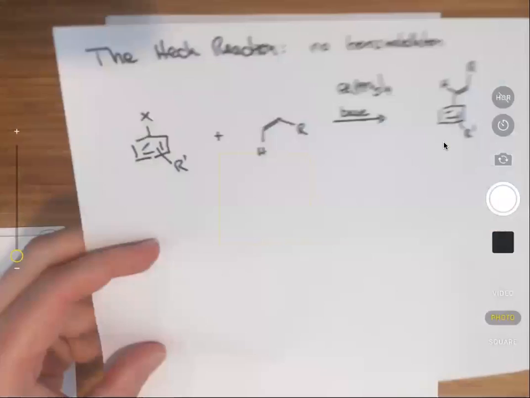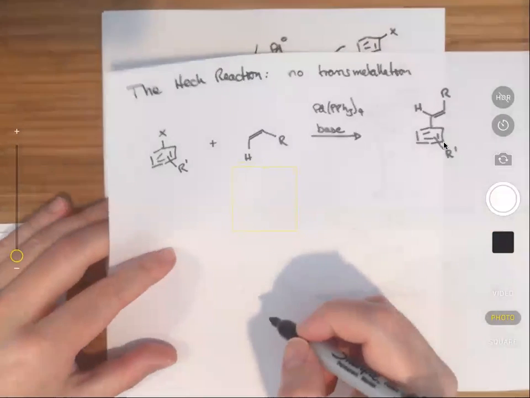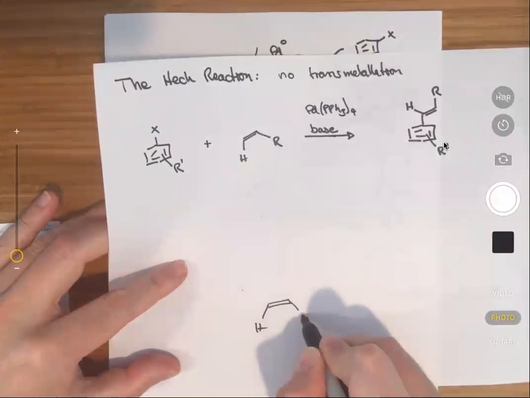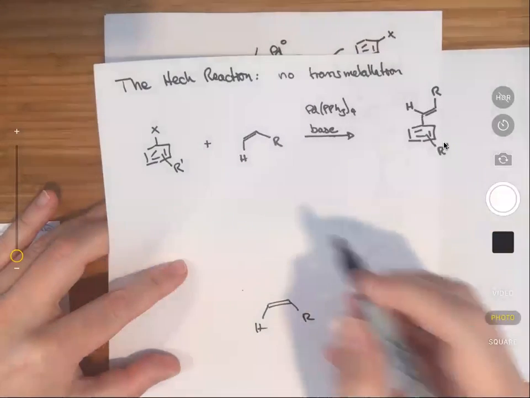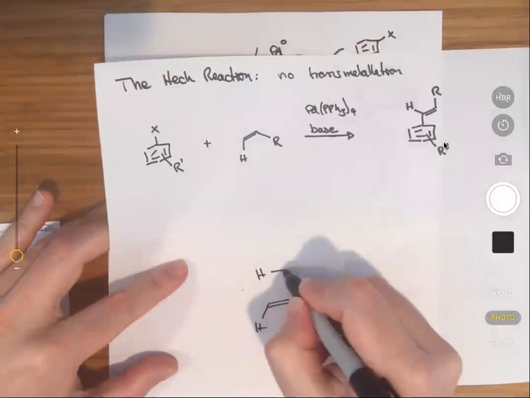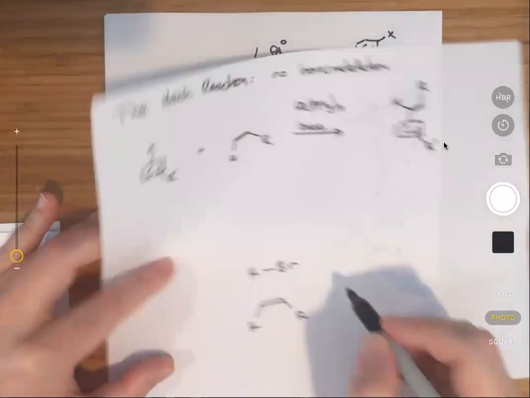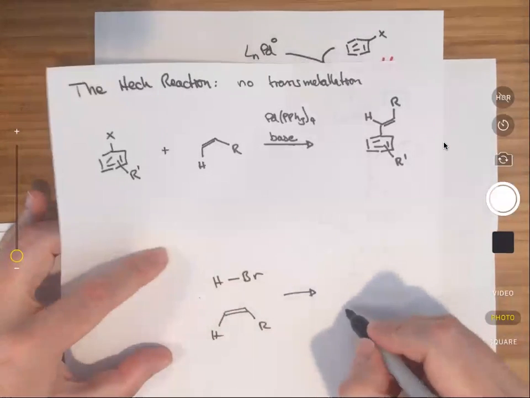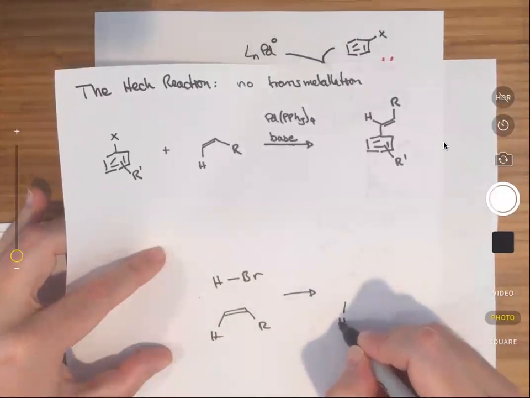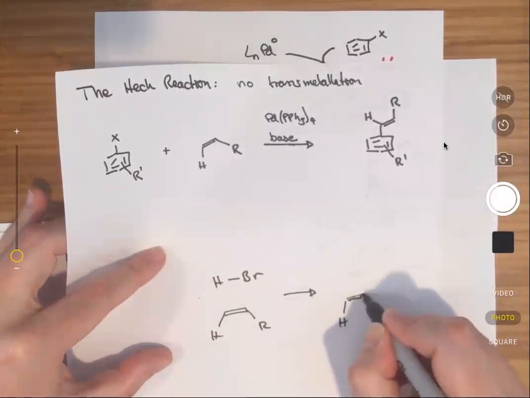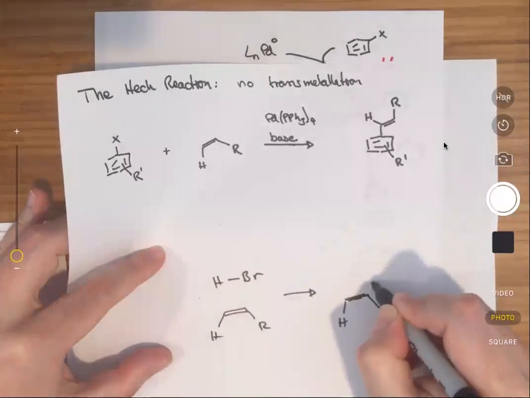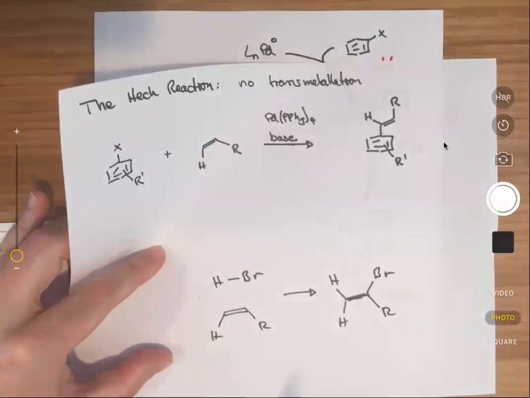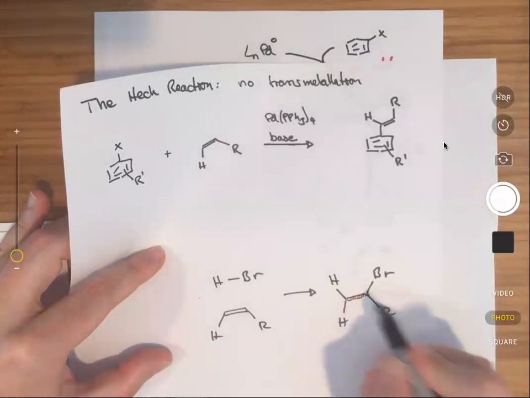Just as a thought experiment, think about this the same way that you would do a double bond R, and you add, for example, HBr across that double bond, right? So what you get is an insertion, a migratory insertion, at least that's what it's called when it's a metal, where you basically have then R here, you have bromine here, and hydrogen here. Right? So you basically added HBr across this double bond.